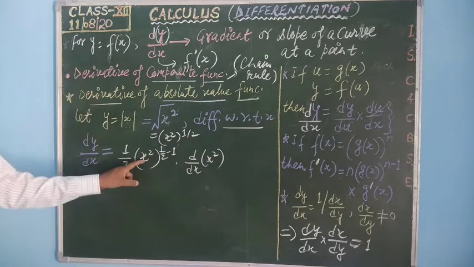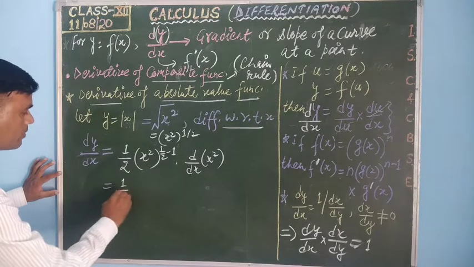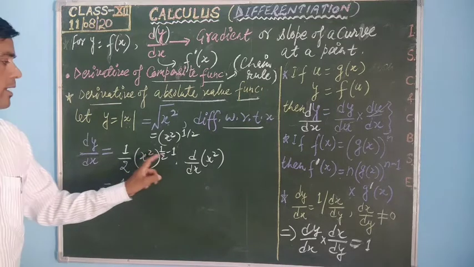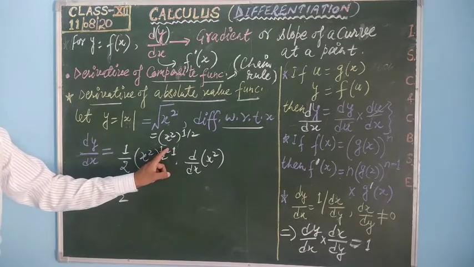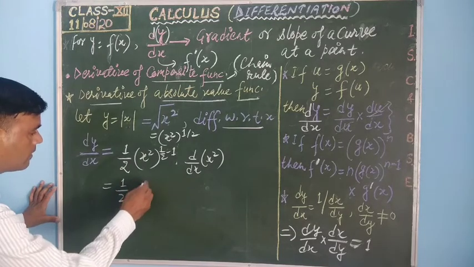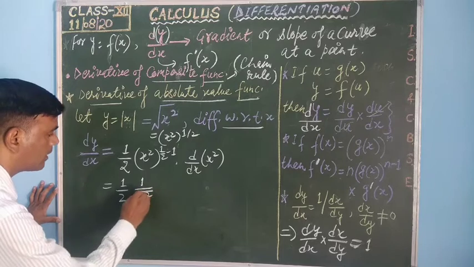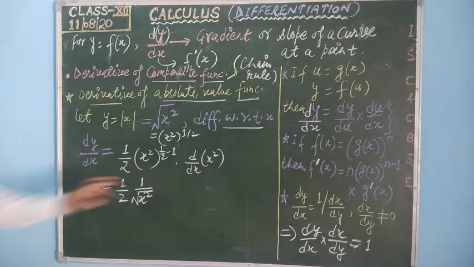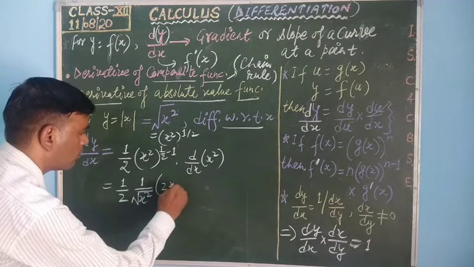Now if we solve this, we get half times (x²) to the power minus half, which means 1 upon √(x²). And the derivative of x square again will be 2x.